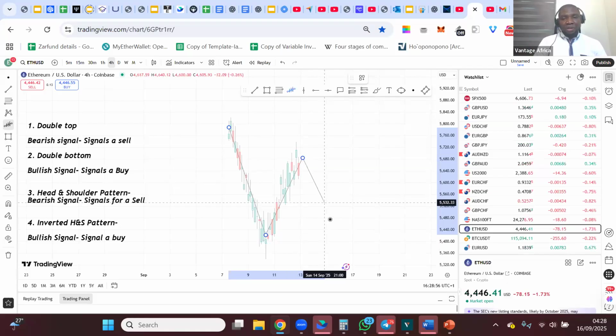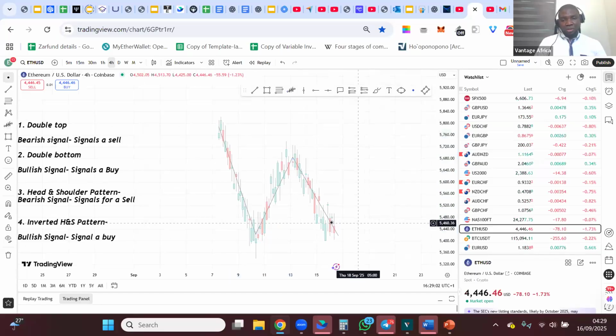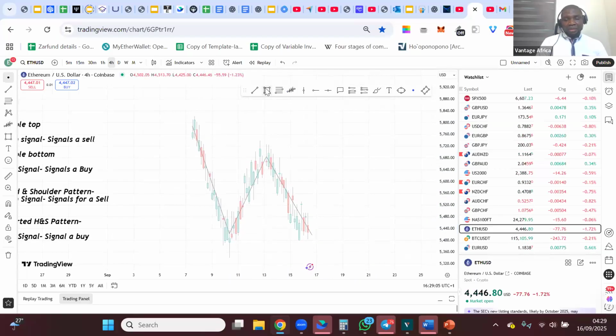Once price starts coming down to this level again, this is where you start to watch and say, okay, this is a bottom here. So is price trying to form another bottom here?